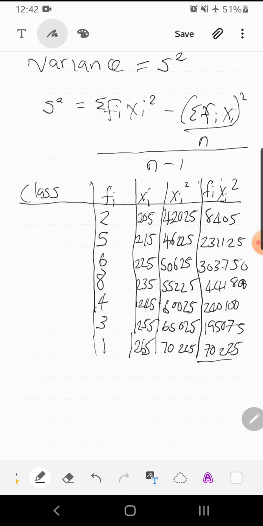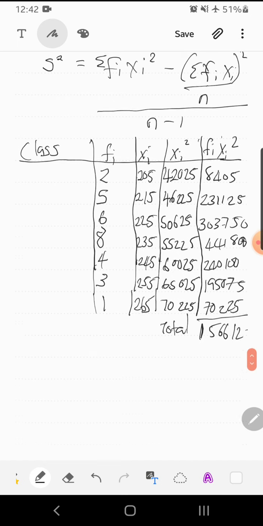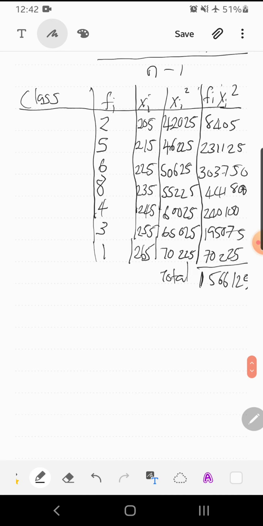Okay, now you get the sum, which is just the total. When you get the total, you're going to find 1566125. Okay, so this is the value that we are looking for.